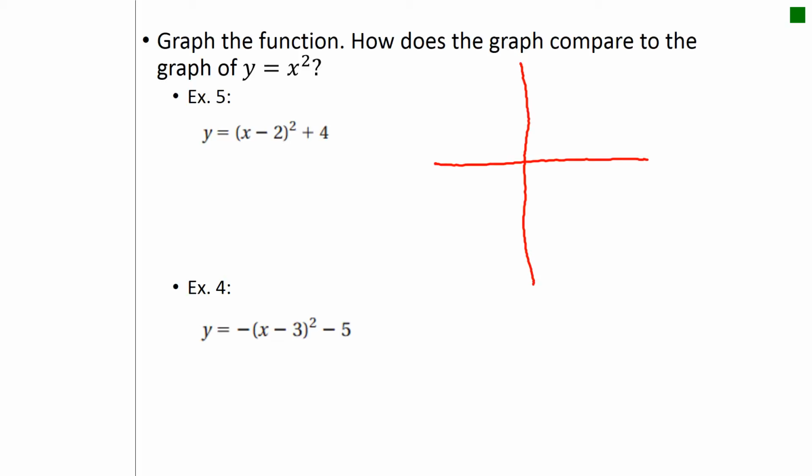In this example, we can see that we're going to move the graph over 2 to the right, and from our ax squared plus c lesson, this plus 4 means simply go up 4. And that's the new point, the point (2, 4), where we're going to locate the vertex of this graph.